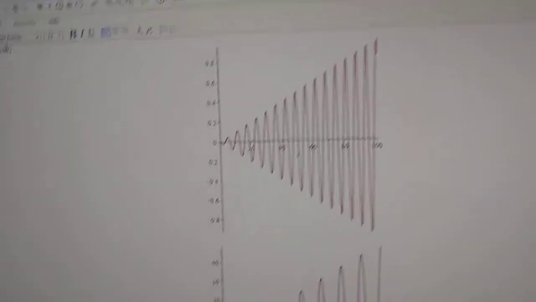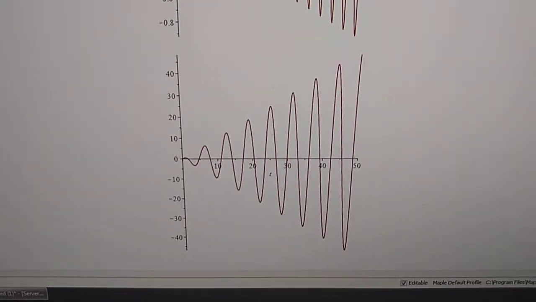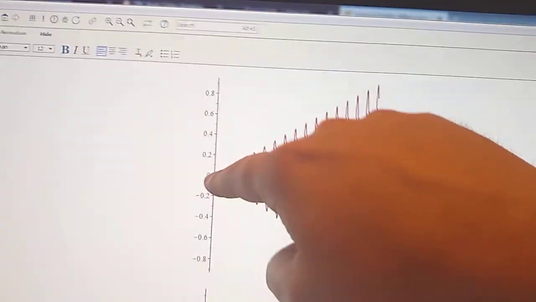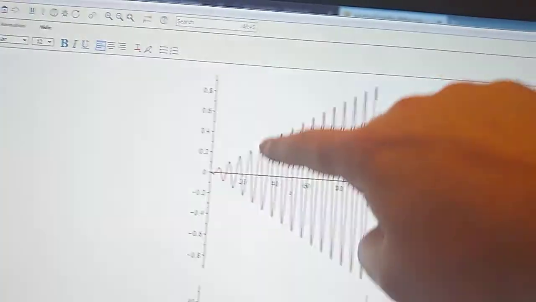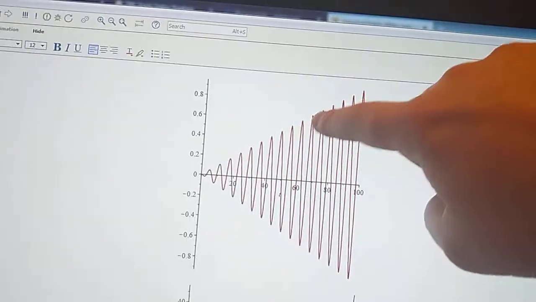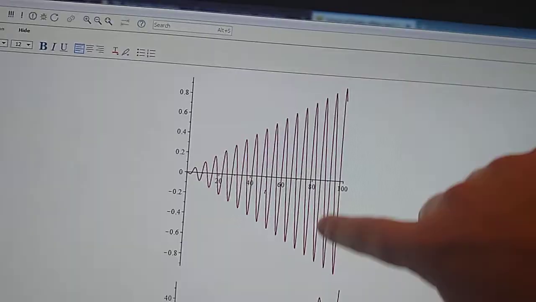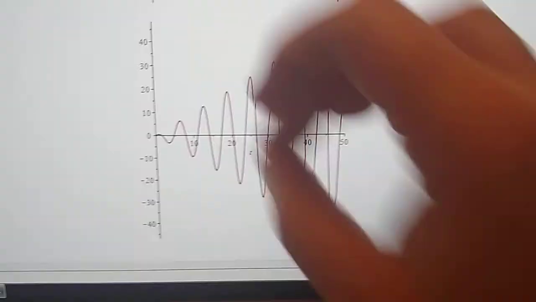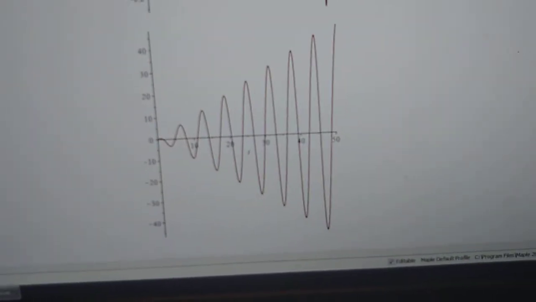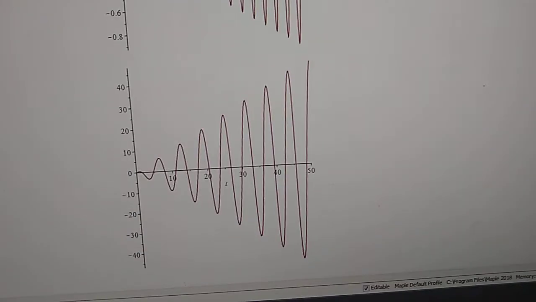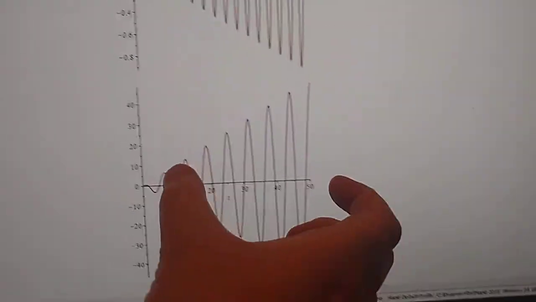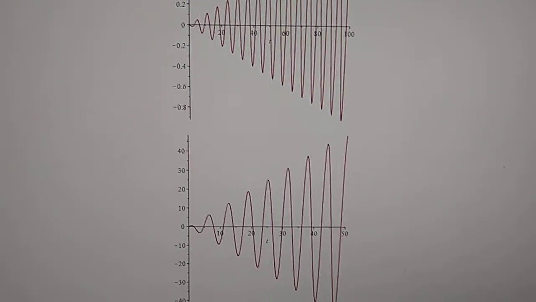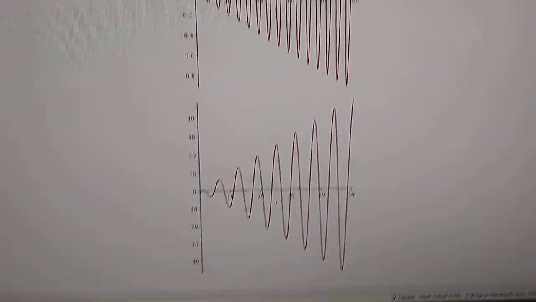This graph and the graph down here don't look too different. It's wobbling back and forth kind of fast, and these wobbles are becoming more and more wobbly. The amplitude is going up and up as I go this way. And I would describe this much the same way. Maybe it looks like this is moving faster, or maybe that's just the scaling, this is only to 50 and this is to 100. But roughly speaking, I would describe them as looking kind of similar.